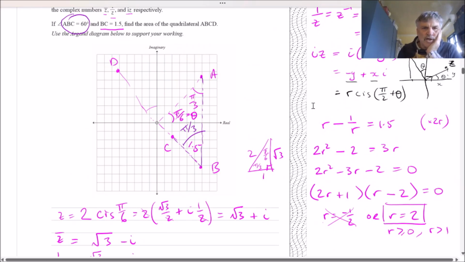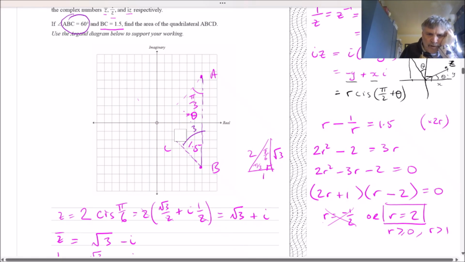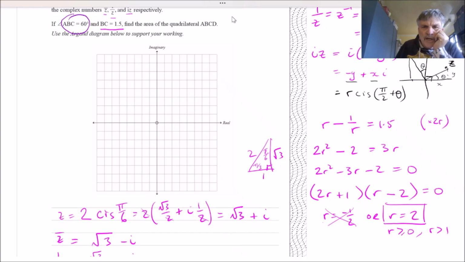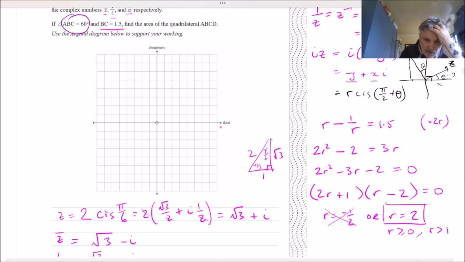I'm going to try and draw a better diagram of those points. Not going to be perfect, but it's going to be okay. So root 3 is 1.7. So if I make 4 of these 1, so this is 1.75.